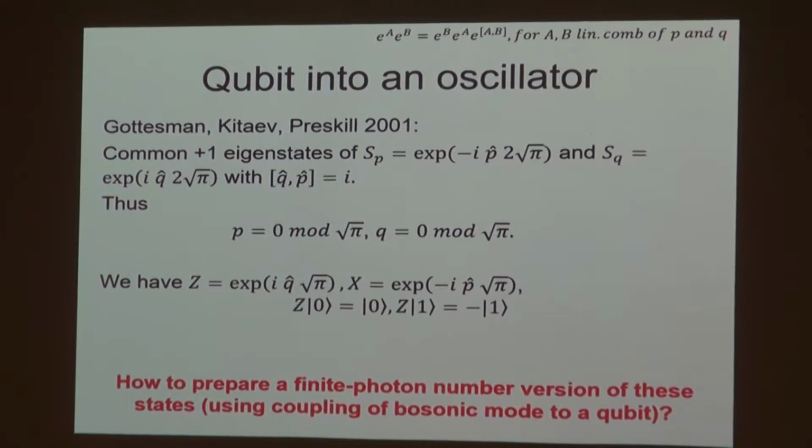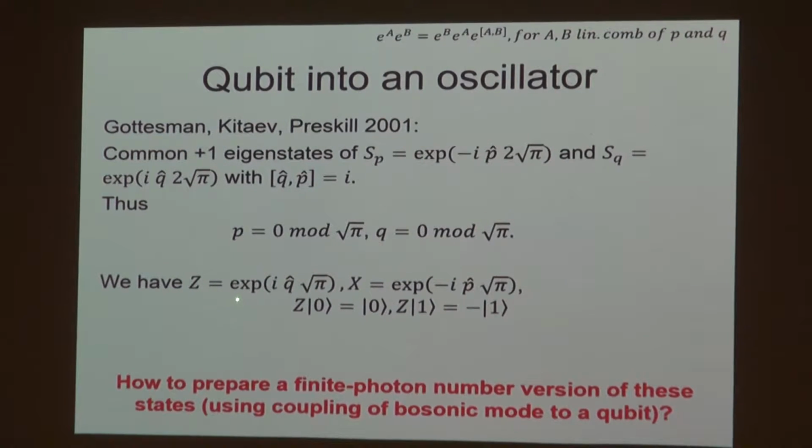Now, it turns out that this choice of these two operators does not fix a single state, but it fixes a two-dimensional subspace, because we can find two more operators, which we call Z and X, being Pauli Z and Pauli X on our qubit, and that also commute with these operators. So for example, this one is just the square root of this SQ operator.